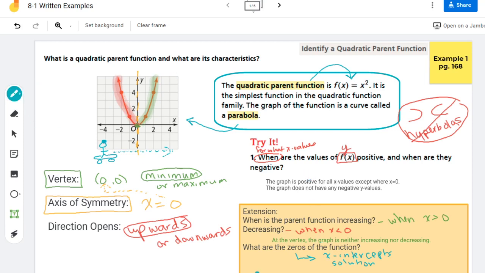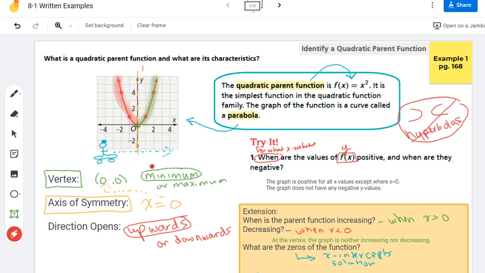So this one has 1 zero at x equals 0. Now if I do a translation and I slide the parabola down, I could have 2 zeros. Okay? If I slide the parabola upwards, I could have no zeros.